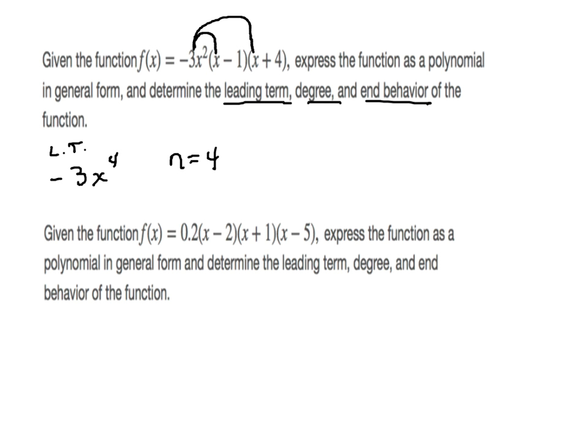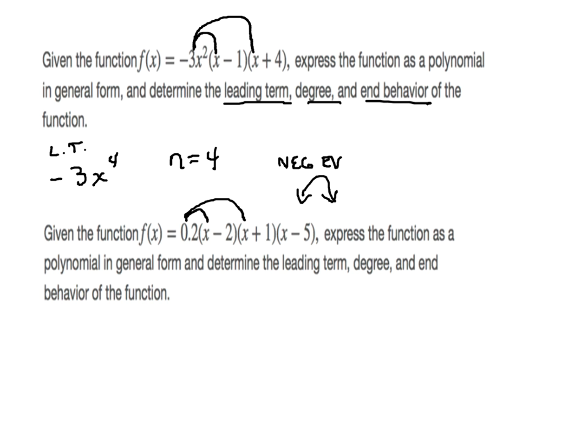And since this is a negative even, I should expect tails down. And I'm not going to write that out in words again, but it would say as x approaches negative infinity, f of x approaches negative infinity. As x approaches positive infinity, f of x approaches negative infinity.